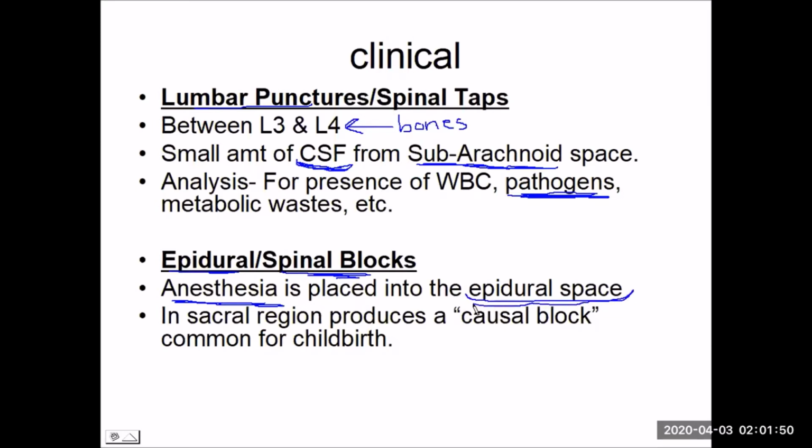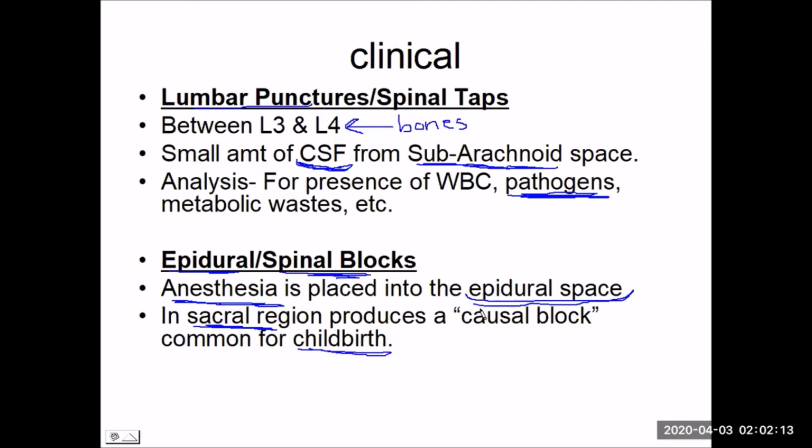And this infusion of anesthesia into this area, if done timely and correctly, could really numb the area, especially in the pelvic region. And this is commonly used to reduce the pain associated with delivery, with childbirth.